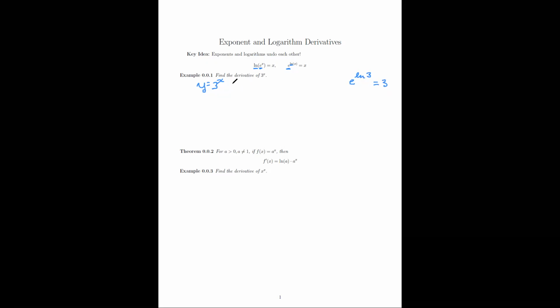So I can replace my 3 by e to the natural log of 3 and raise that to the x. Now, if I raise a power to a power, I can just multiply those powers. So I could rewrite this as e to the natural log of 3 times x. Okay, now why is this helpful?